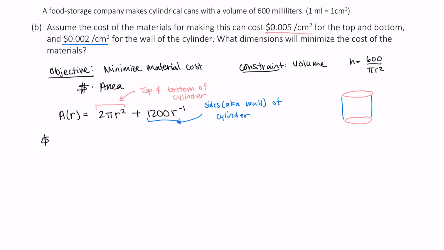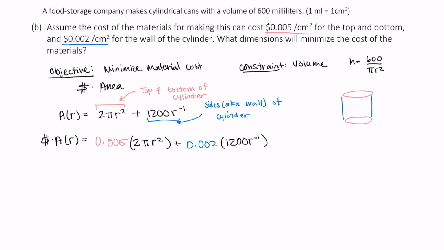So that means the cost times the area as a function of r is equal to 0.005 times 2 pi r squared plus 0.002 times 1200 r to the negative 1 power.